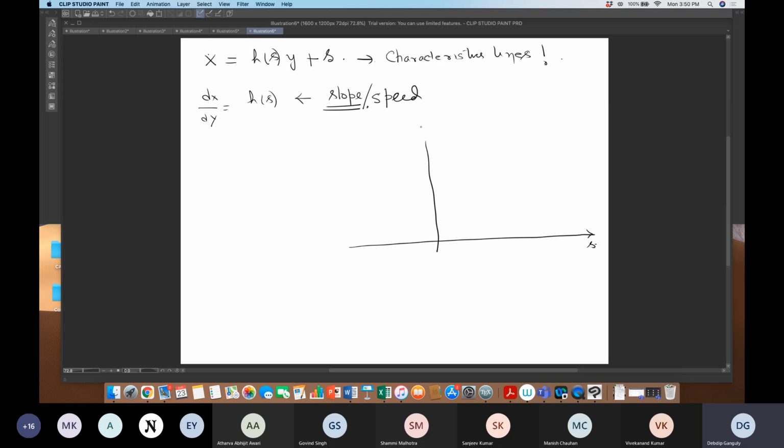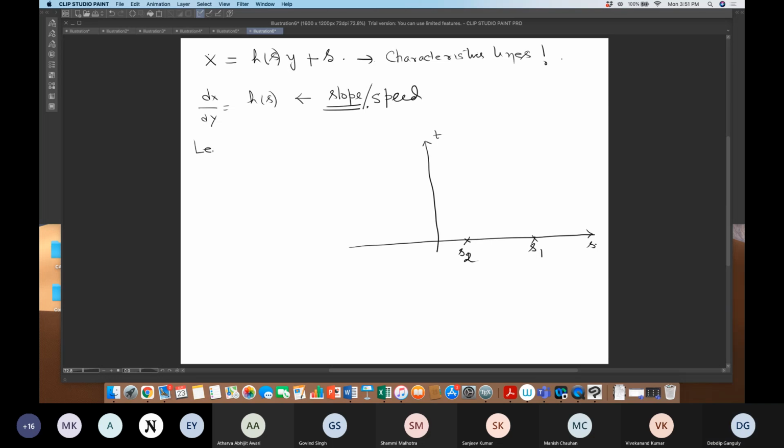This is of course the x-axis, with points S1 and S2.